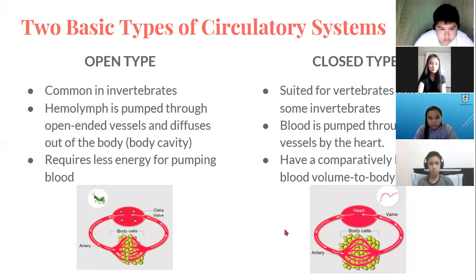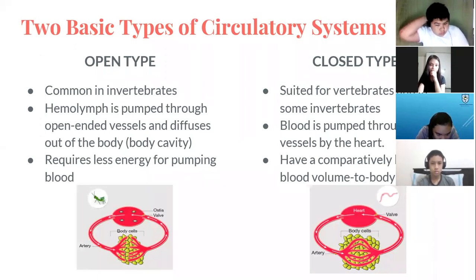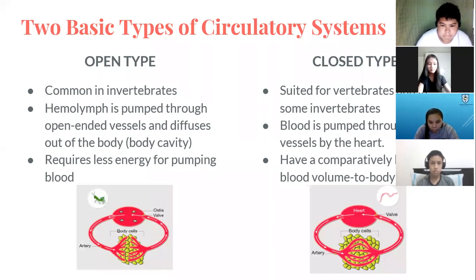So in our open type circulatory system, blood is pumped through open-ended vessels. Kung mapapansin niyo dito here at the bottom, the vessels are not connected to each other. Why? Because the blood is being pumped from the source going through the body cavity directly.